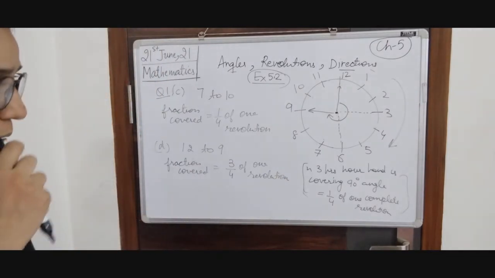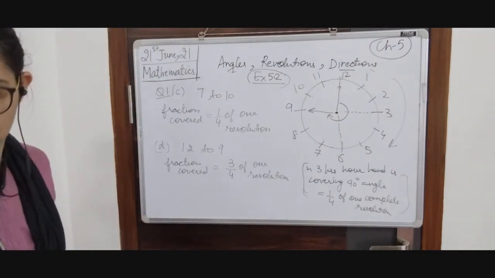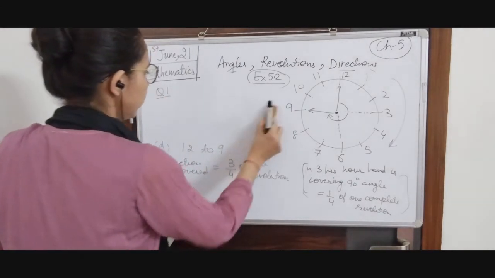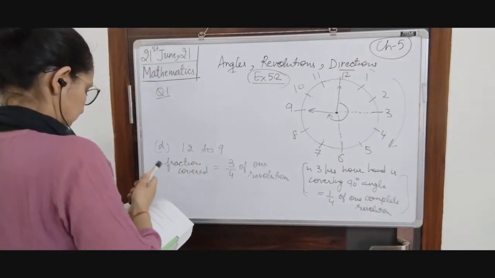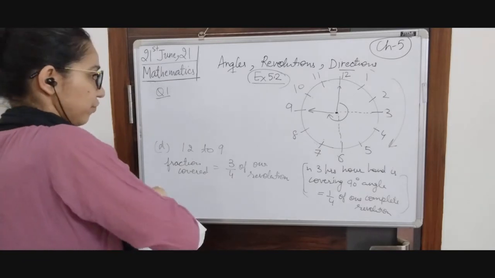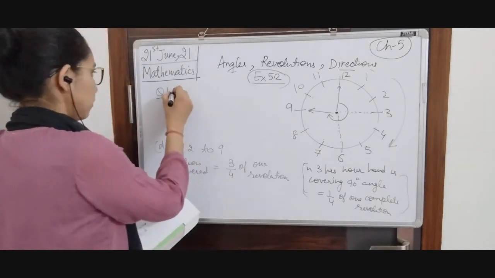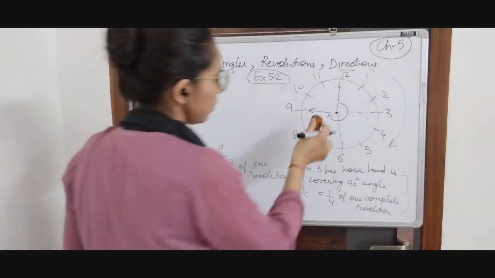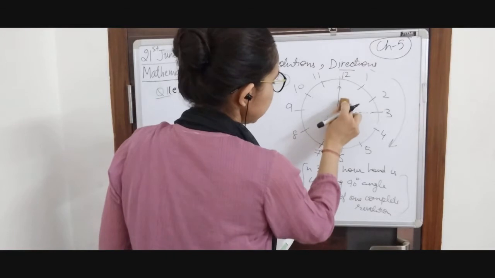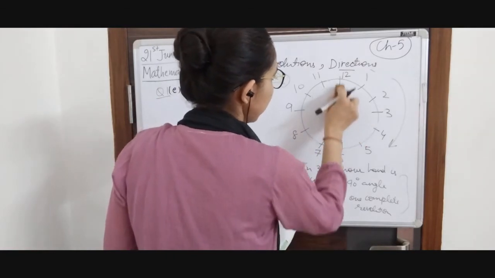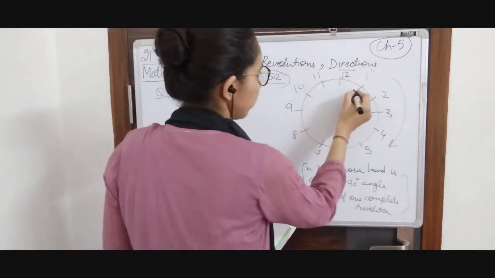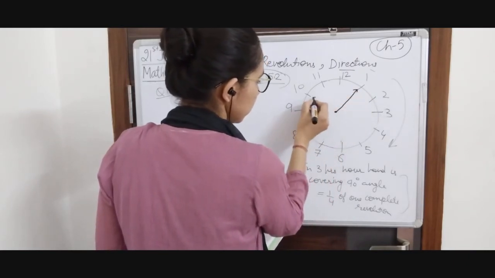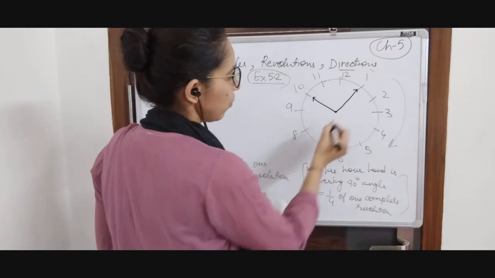Similarly, 1 to 10. E part is 1 to 10. In the exam, if we have a question like this, what we will do, we will draw the clock and then we will find out the fraction covered. Okay, so this is the center, 1 to 10, and we have to find out the clockwise.